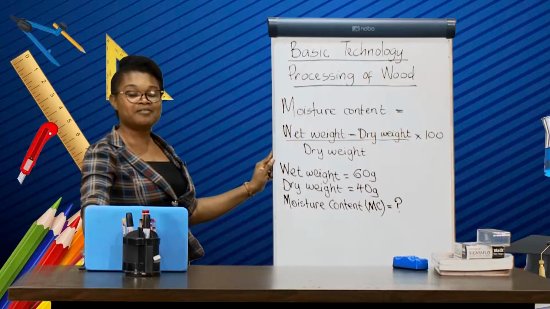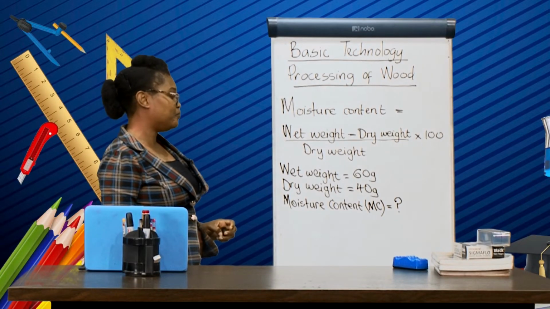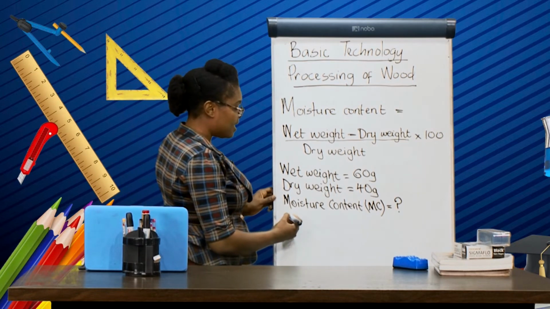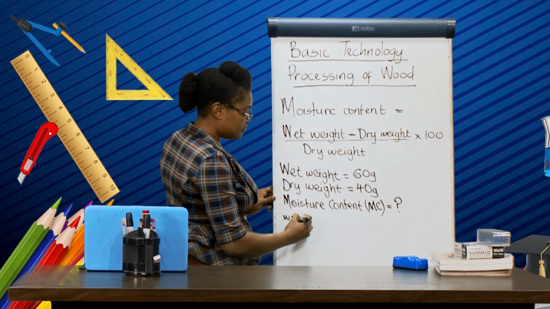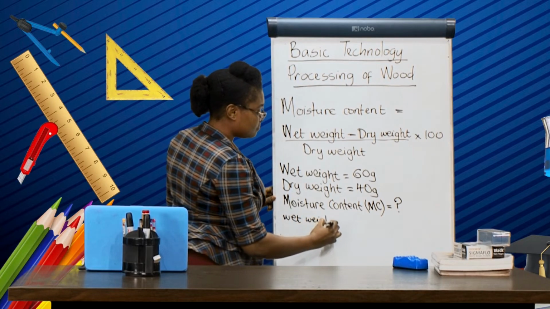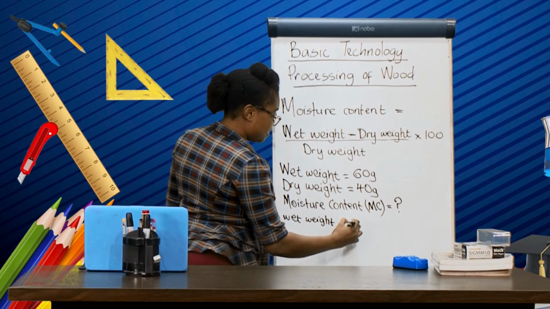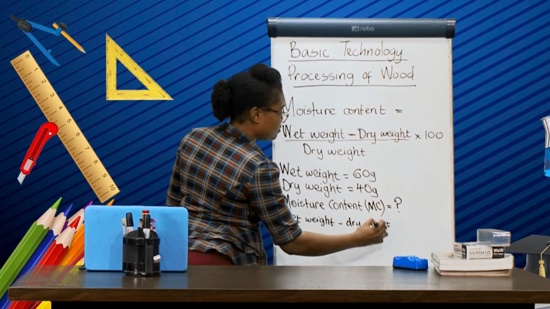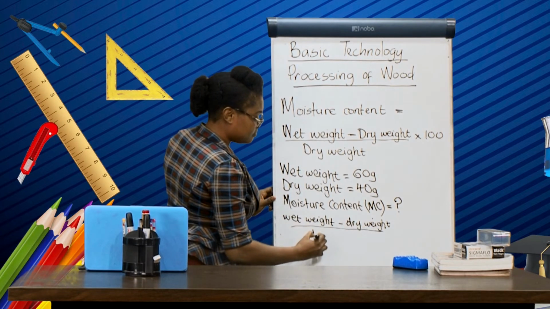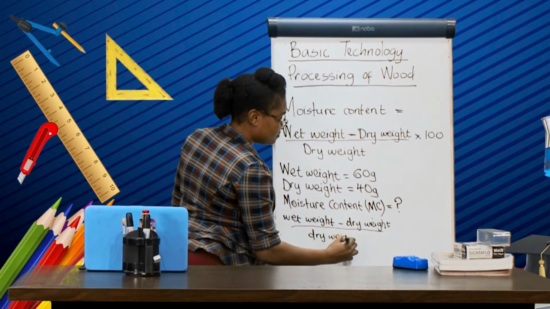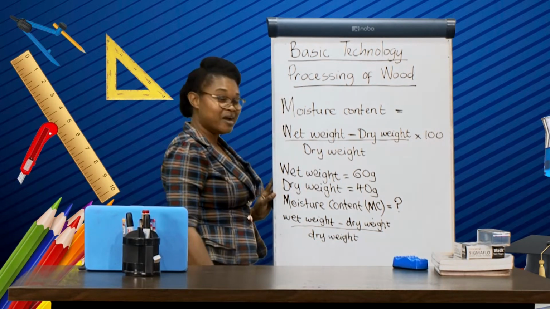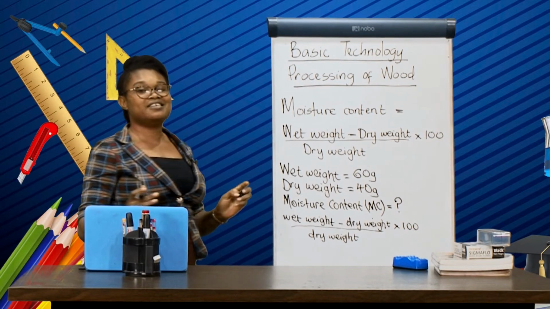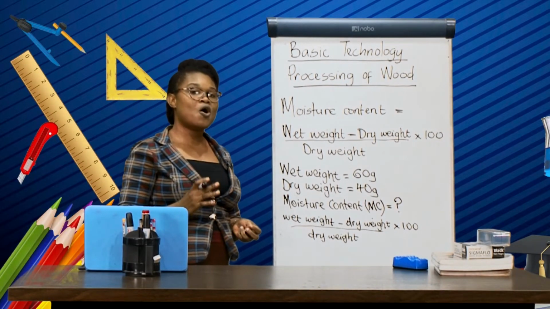Now, we are making progress. The next step is to state your formula. And what is our formula? Wet weight minus dry weight over dry weight, multiplied by 100. The next step is to fix in your parameters.